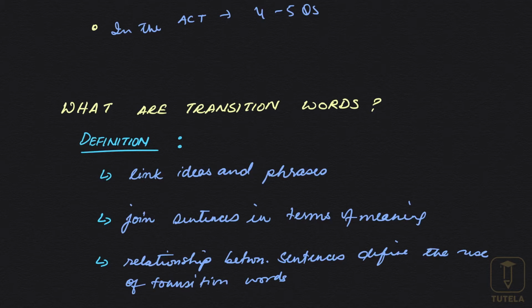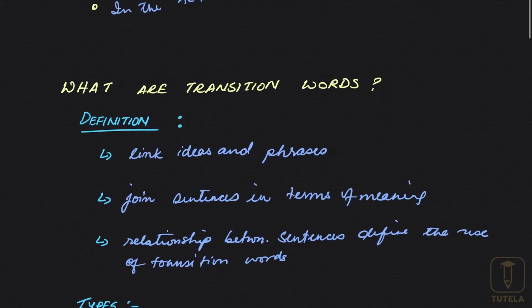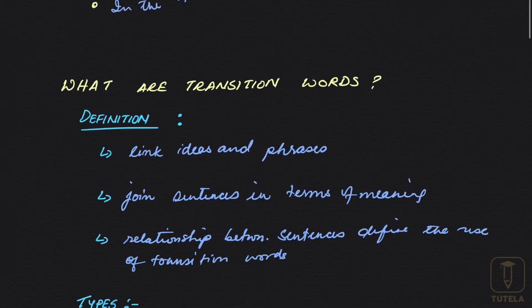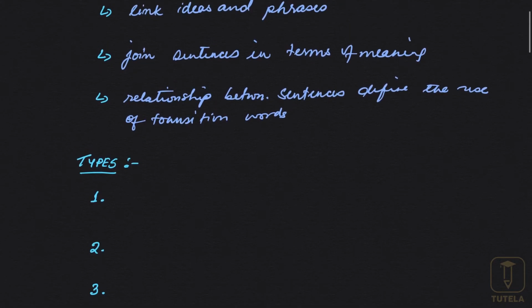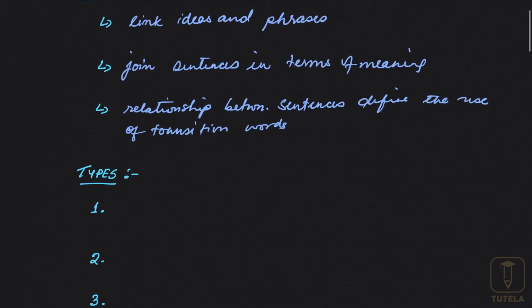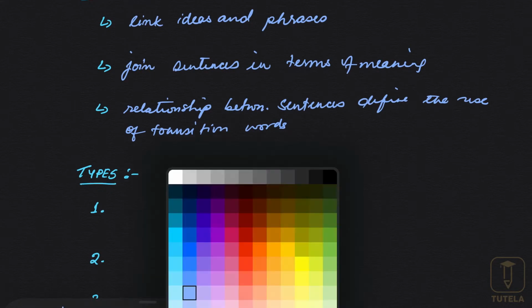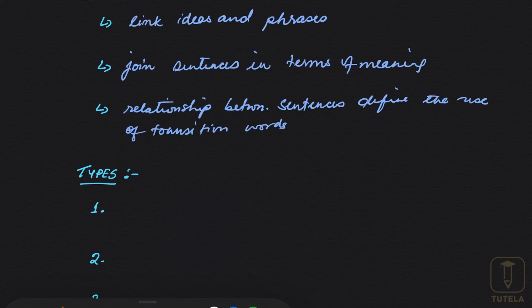So we must keep in mind that since these words are used to link ideas and phrases together, there definitely will be certain types of transition words that we need to keep in mind. The first type of transition word is called continuous.